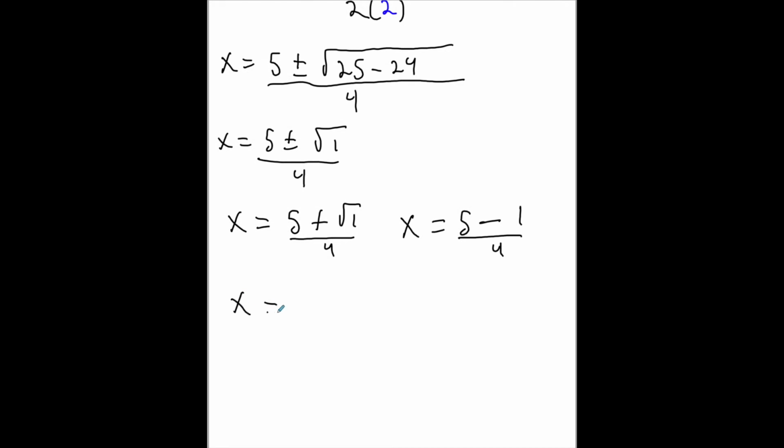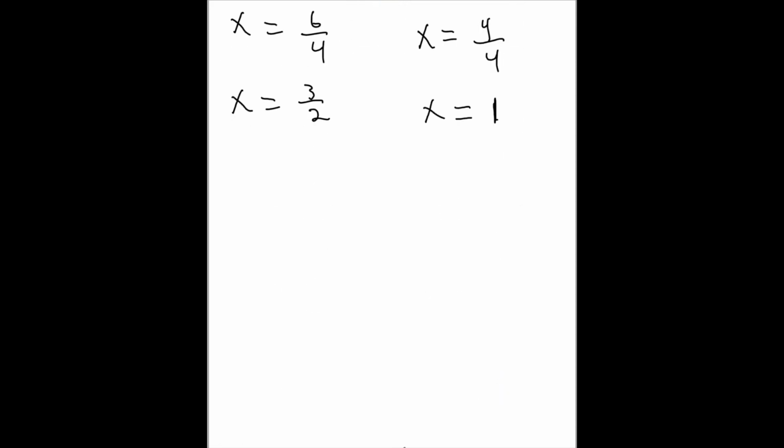So I have x is equal to, again, the square root of 1 is 1, so 5 plus 1 is 6/4. This can be reduced to 3/2. And here I have x is equal to 5 minus 1 is 4 divided by 4. X is equal to 1. This is the answer. These are the solutions.